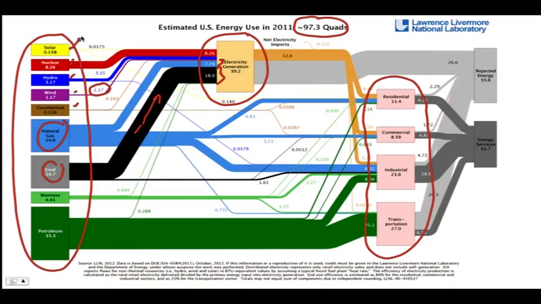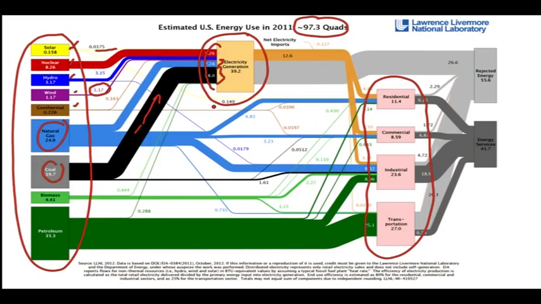And the last one up here is solar, which is a pretty small fraction, denoted by the thin line that goes in. So those are all of the energy inputs over here on the left-hand side into the power plants. And you can see about what fraction of the electric power generation is fueled by which energy input.